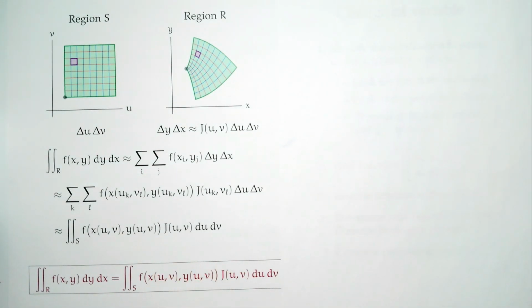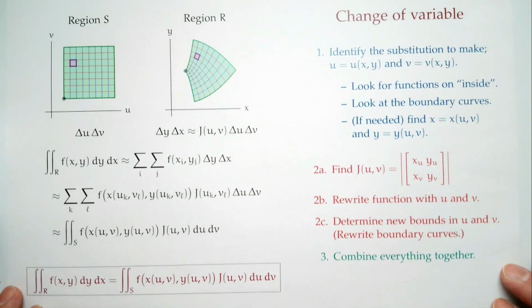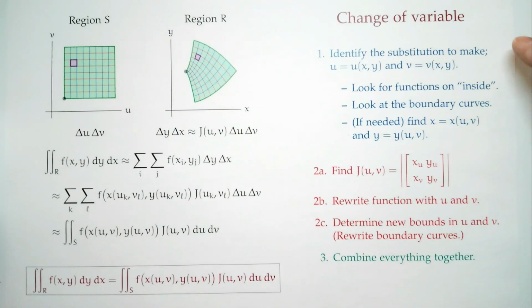Now, what's the process? Well, it's several steps. The first step, if we're going to do a change of variable, is you identify the substitution to make. In other words, I've got to come up with a new set of coordinate systems. So how do you do that? Well, suppose you just saw a problem in the wild.